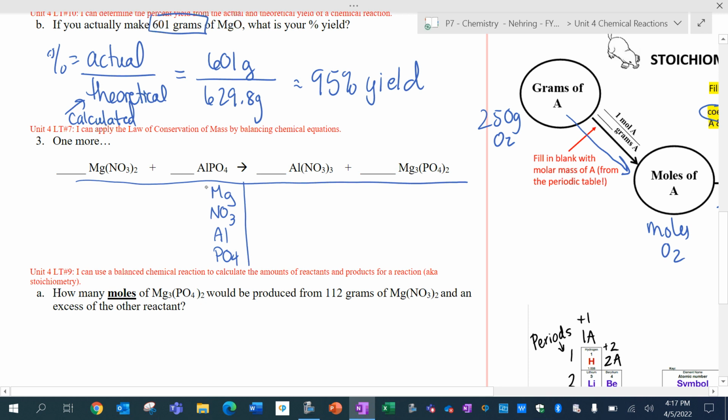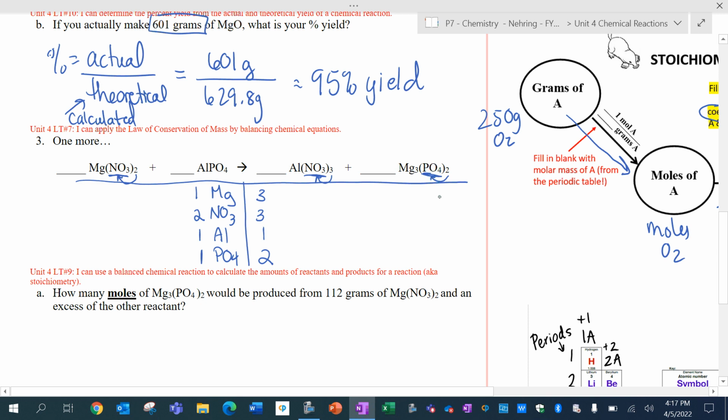On the left-hand side, I've got 1 magnesium, and then I've got 2 NO3s, 2 of whatever is inside that parentheses. And then I've got 1 aluminum and 1 PO4. On the right, I've got 1 aluminum, 3 nitrates, 3 magnesiums, and 2 PO4s.